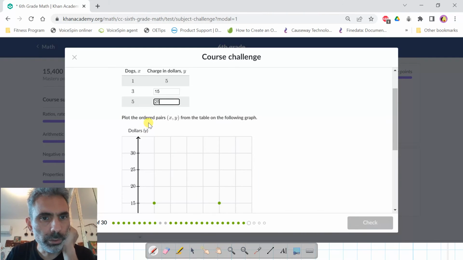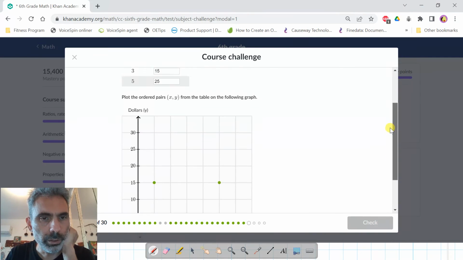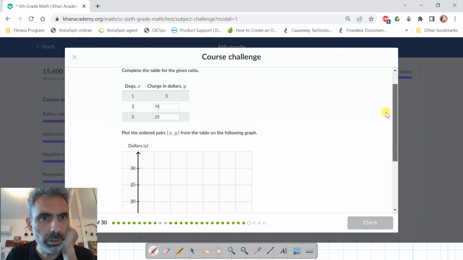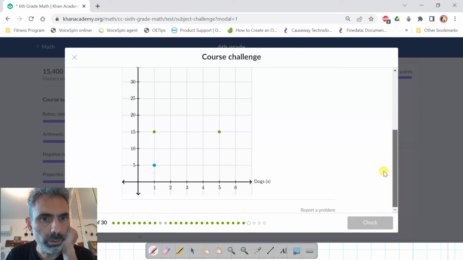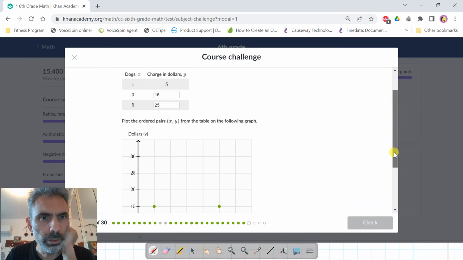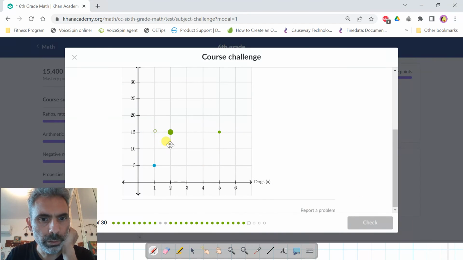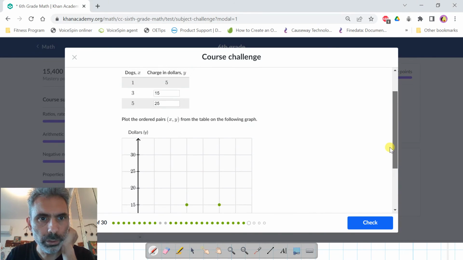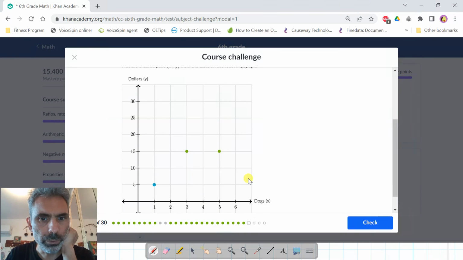Plot the ordered pairs x and y from the table on the following graph. The first one is already plotted. For one dog on the x-axis, she gets $5. For 3 dogs, she gets $15. And for 5 dogs, she gets $25.